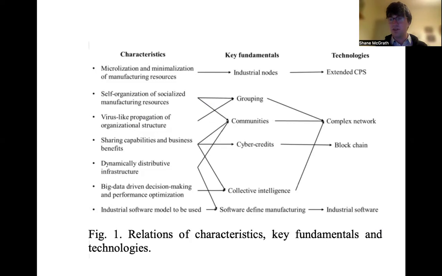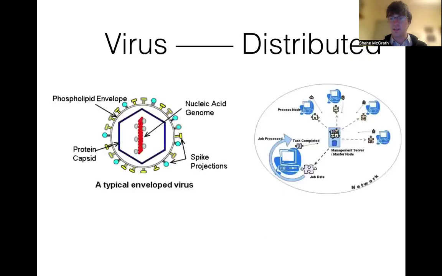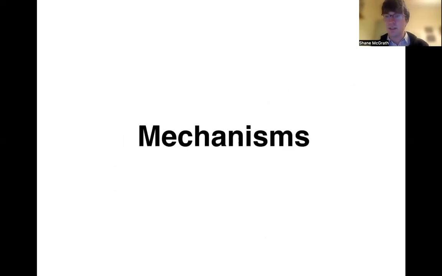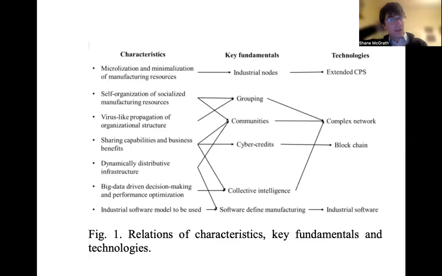They require something like blockchain to allow for decentralized consensus or agreements through things like smart contracts, dynamically distributed infrastructure. This is similar to the virus, where you have the nodes and then a server that distributes various parts of the order or production that needs to be completed.